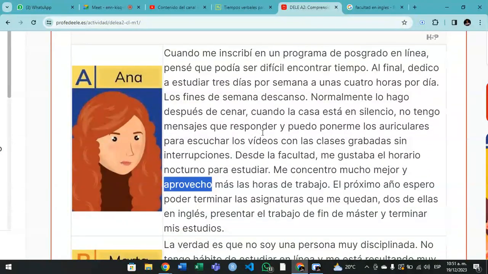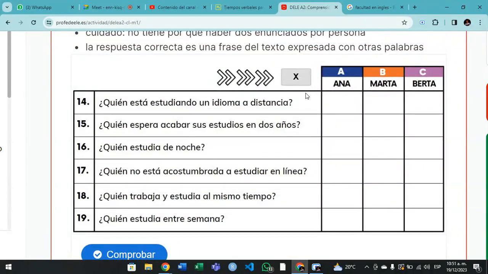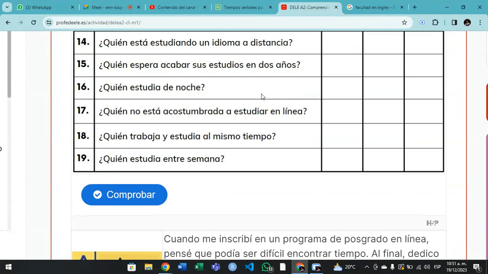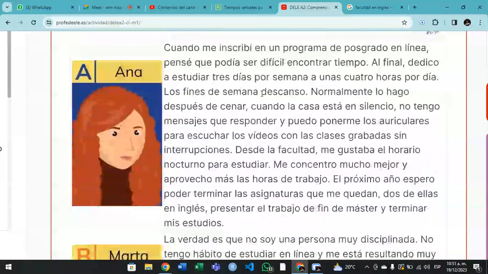But here she never says anything about that. Oh yeah, okay, so here it is not. Does she hope to finish her studies in 2 years?